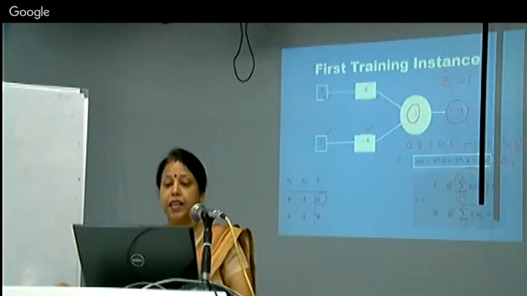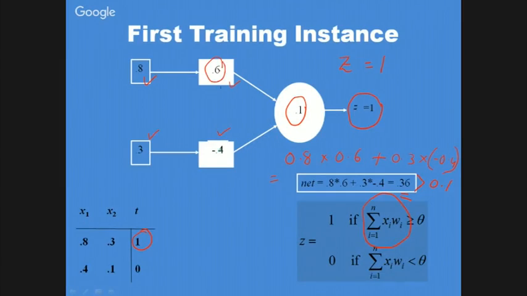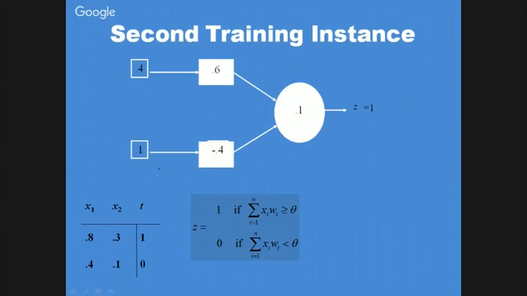Now let us see whether these weights, 0.6 and minus 0.4, are applicable for the second one also. For the second one, the input x1 is 0.4 and x2 is 0.1. What will be the output? We calculate 0.4 into 0.6 plus 0.1 into minus 0.4, which gives 0.24.